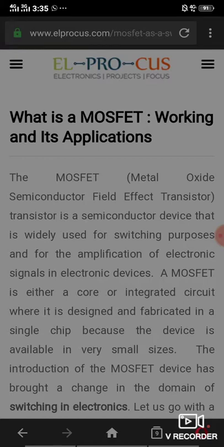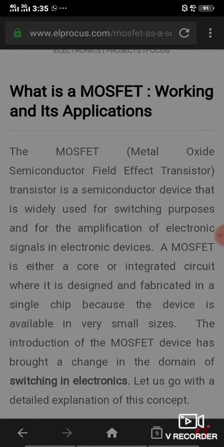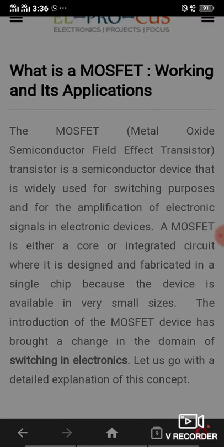What is MOSFET working and its applications? The MOSFET, metal oxide semiconductor field effect transistor, is a semiconductor device that is widely used for switching purposes and for amplification of electronic signals.